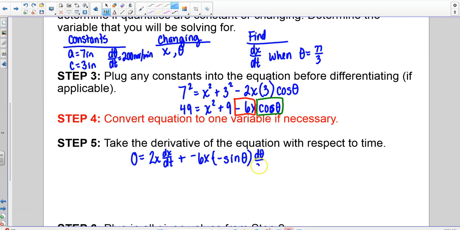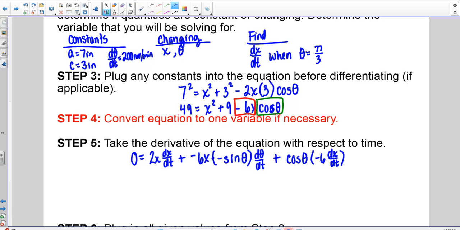I took the derivative of something with a theta, and I forgot my d theta/dt. So now I've got a plus sign. I've got cosine of theta times the derivative of negative 6x, which is just negative 6, but dx/dt needs to go there.